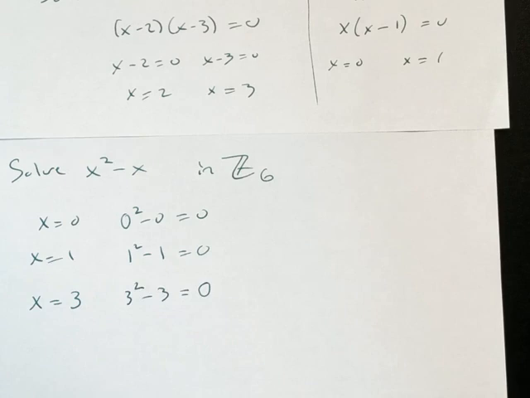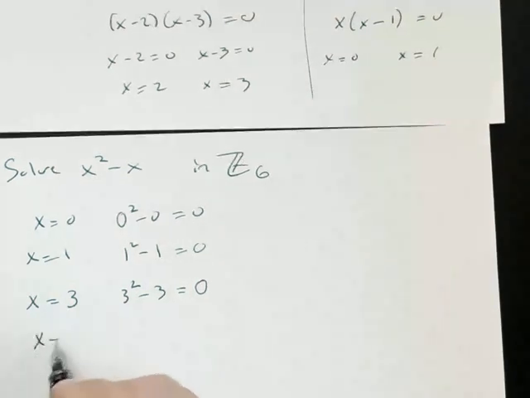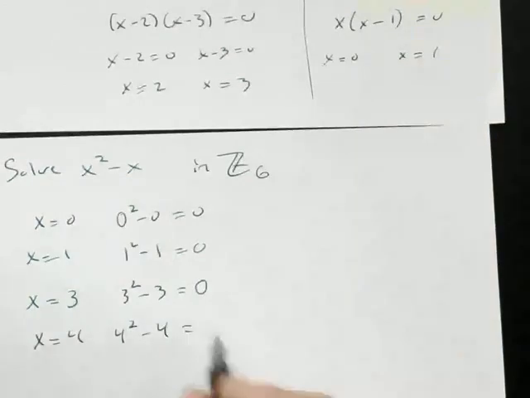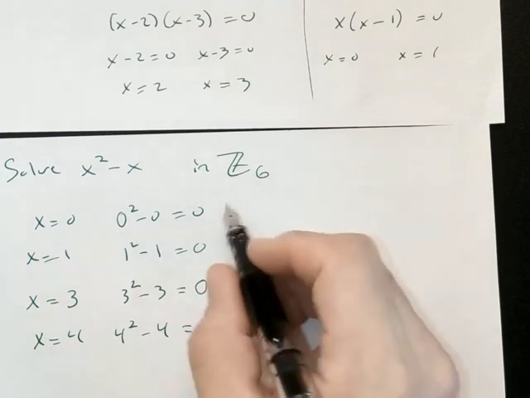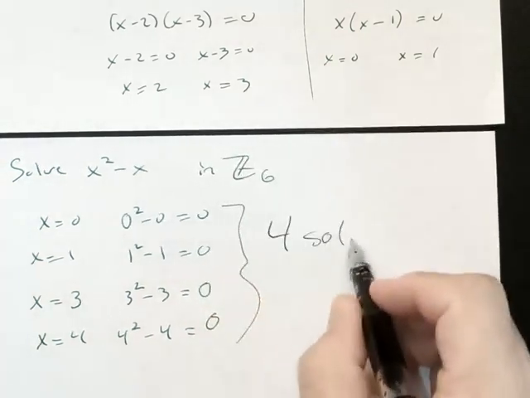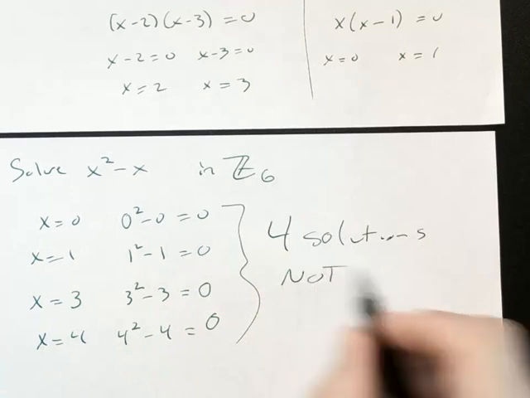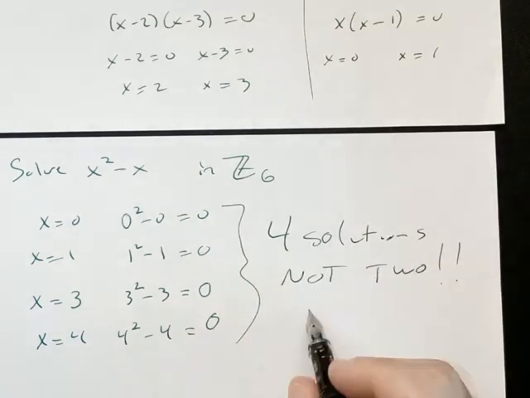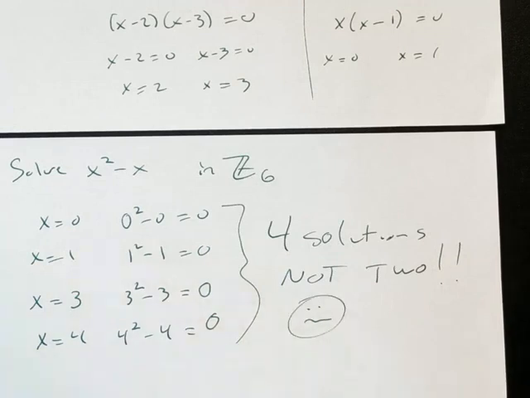Because I'm in Z6, and 6 is congruent to 0. I don't quite have the ability to draw the meme face. Huh? What the hell's going on here?